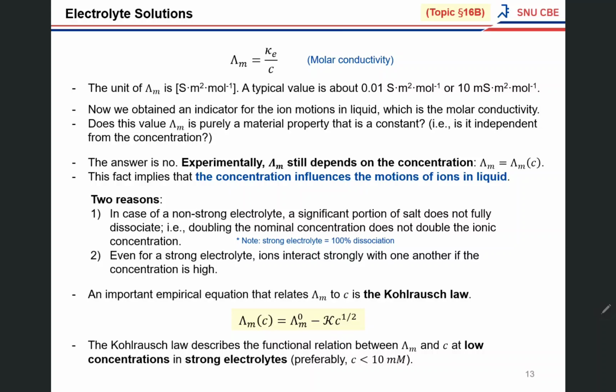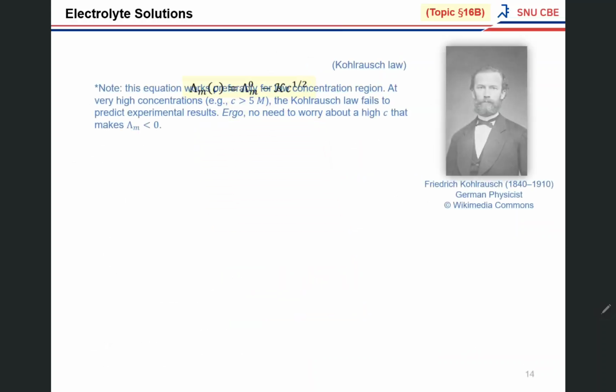It was developed by Kohlrausch, a German physicist in the 19th century. You may have a question when you see this equation: if you increase the concentration, then the molar conductivity will eventually go below zero. If the value of this concentration dependent term is larger than this constant, then the overall value should be negative.